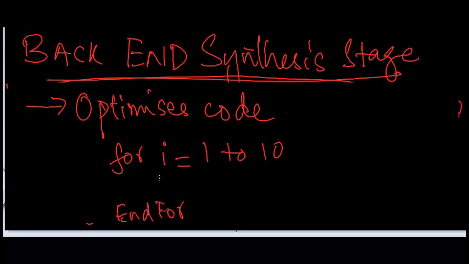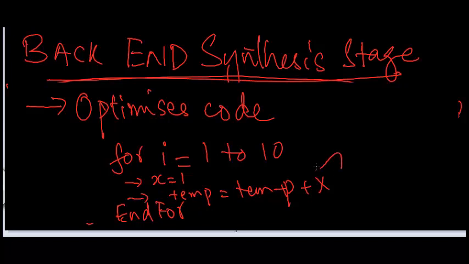And in here we are saying x is equal to 1, right, and temp is equal to temp plus x. So this instruction will always set the value of x equal to 1, and then temp will add this x to its own value, right. But this is unnecessary.